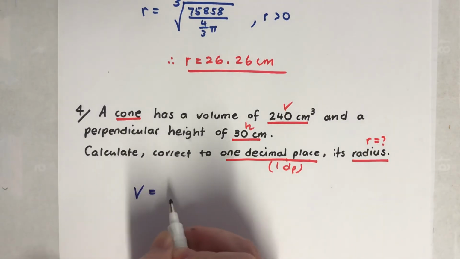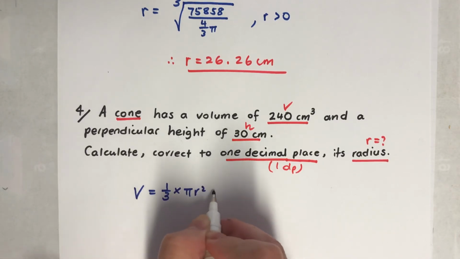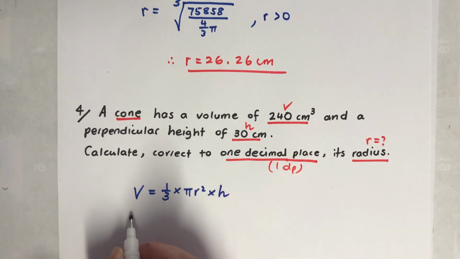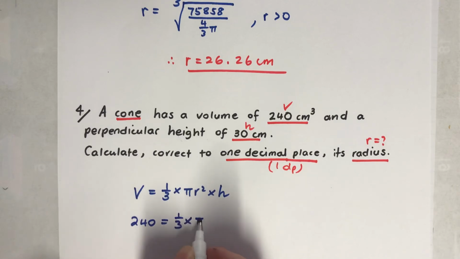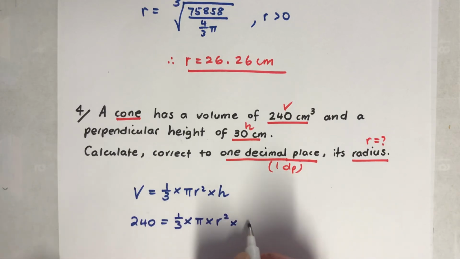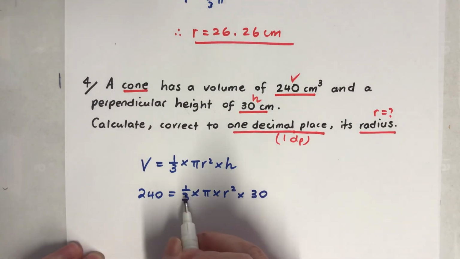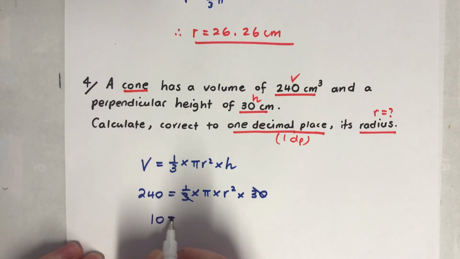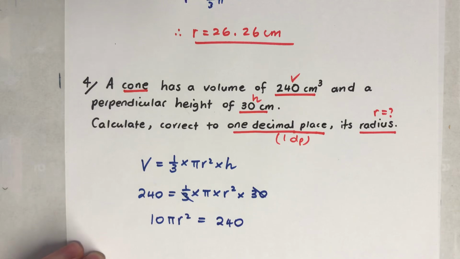So V equals, for a cone, 1/3 times pi r squared times h. Remember, the base is a circle and the height. So volume was 240, and then pi and radius we don't know. The height was 30. Okay, so I'm going to move this one into here, just do that first. So it'll be 10 pi r squared equals 240.